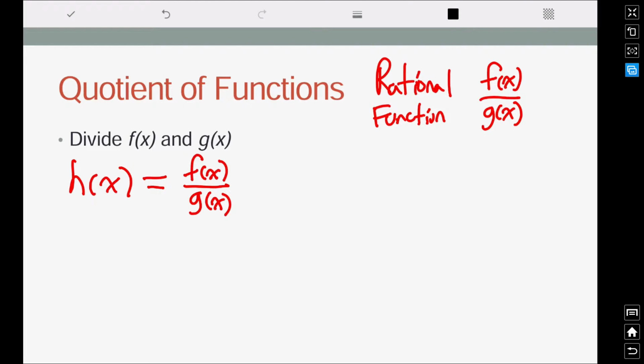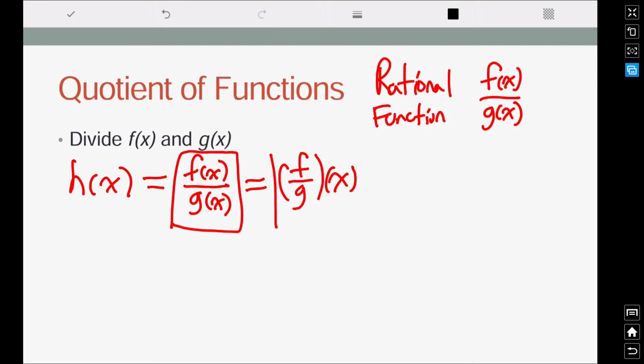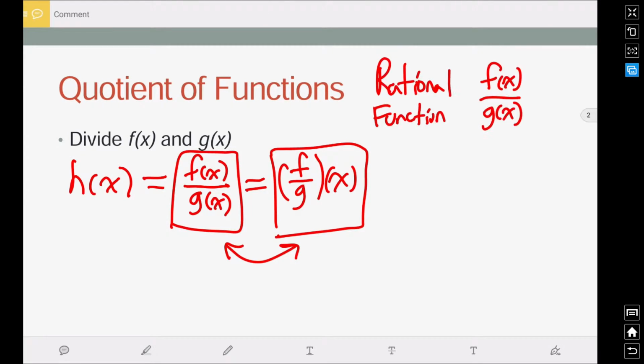So a quotient of functions is really just a rational function in disguise. Sometimes you can write a quotient of functions as f divided by g of x. These two are equivalent. If you see this, it really means this, and vice versa.